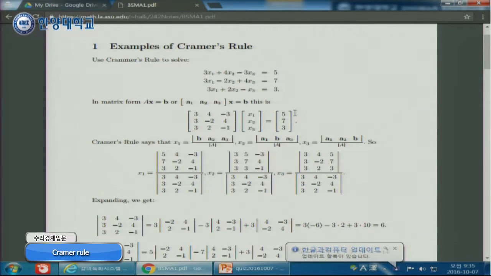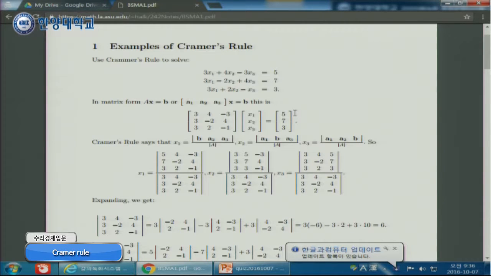And then Cramer's rule says that for x1, x2, x3, we call the first column A1, second column A2, third column A3, and x1 is the ratio between the determinant and another determinant, in which we just exchange the first column with v, and for x2 we exchange the second column, for x3 we exchange the third column. That's all.